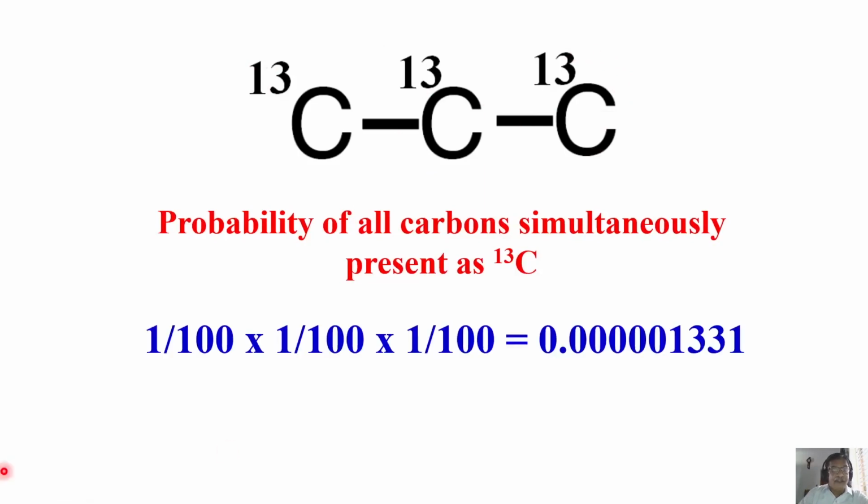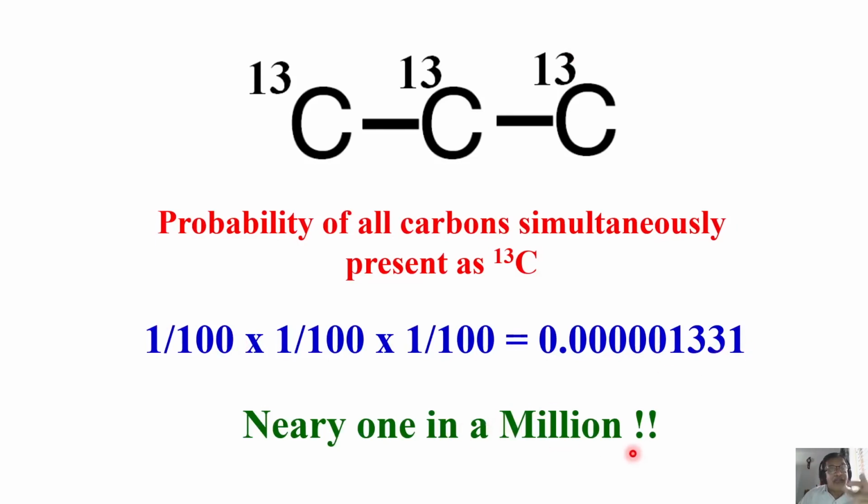Now the joint probability is 1 over 100 into 1 over 100 into 1 over 100, which is even smaller. It turns out to be 1 in a million. Remember, for all the 3 carbons to be seen in the state of carbon 13. Even more difficult. Even 2 carbons in carbon 13 is 1 in 10,000. That was difficult. Now it is 1 in a million.